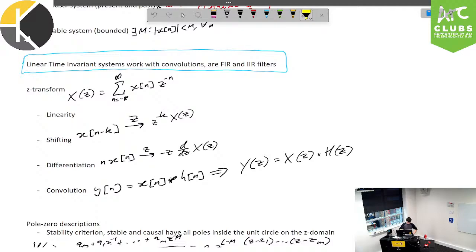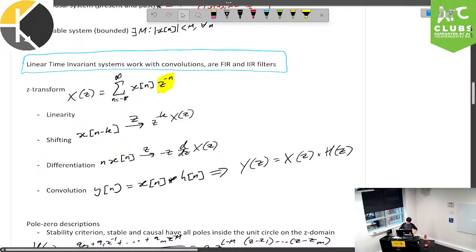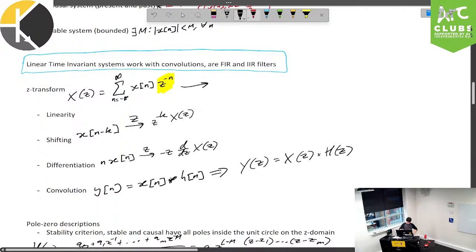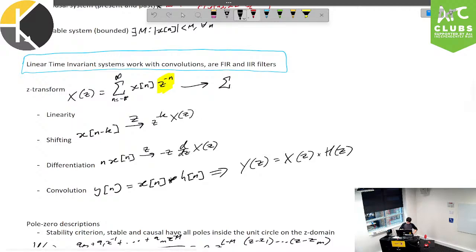Z transform is just given by attaching a z to the minus n to every bit of your signal that you're using, and that acts as a delay counter. So this essentially turns any signal into a summation of delays.